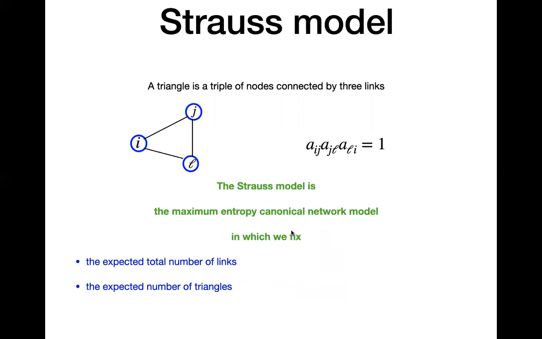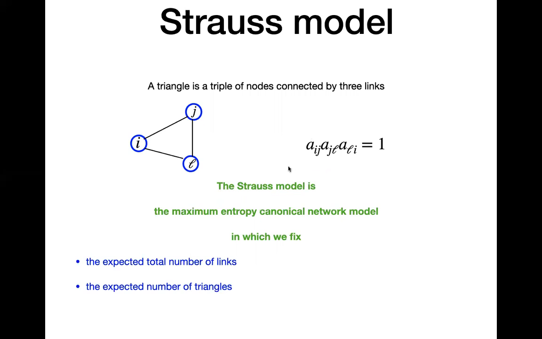The number of triangles is the number of triples of nodes connected by 3 links. So you must have that Aij is 1, Ajl is 1, and Ali is 1. The 3 matrix elements should be 1 at the same time, so this product should be 1 to have a triangle.